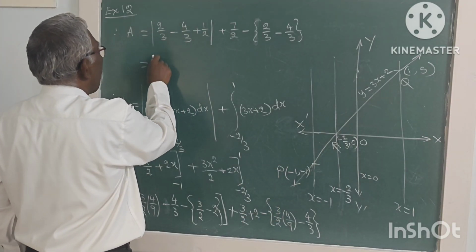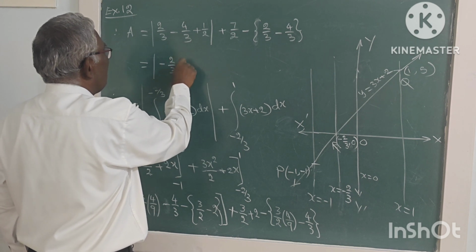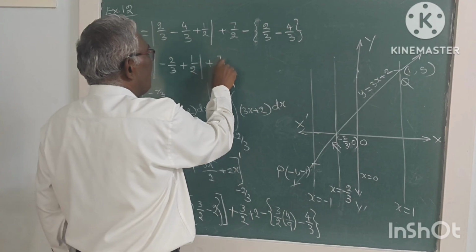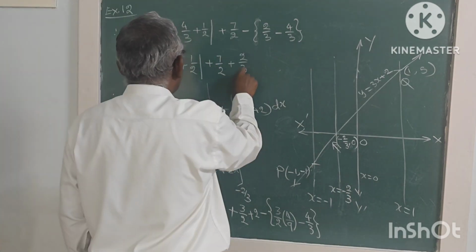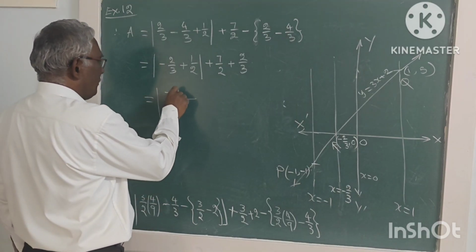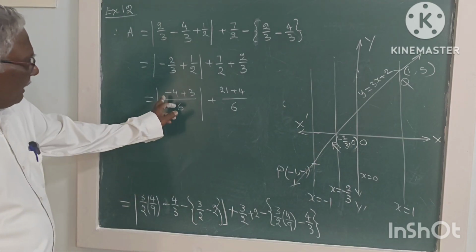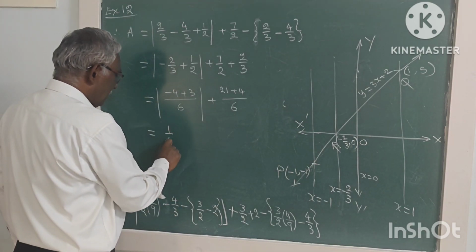This will be minus 2 by 3 plus half plus 7 by 2 minus of minus 4 plus 3. So minus 4 plus 3 minus 1 by 6 is 1 by 6.